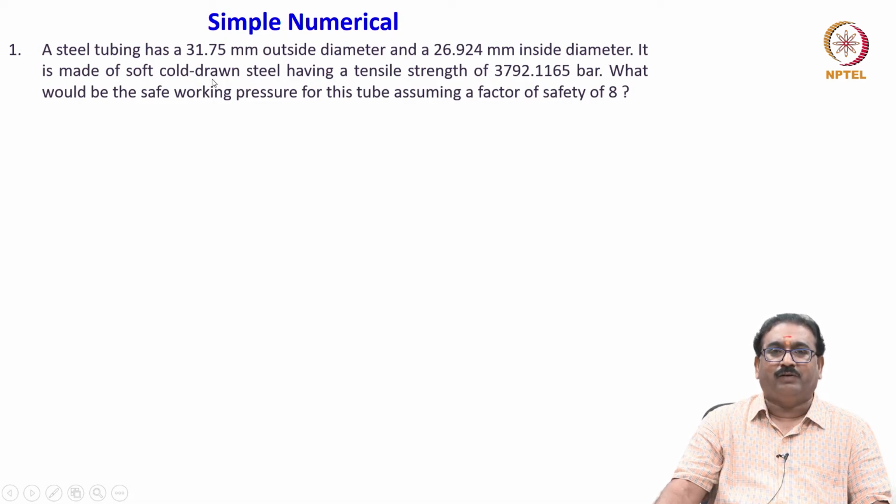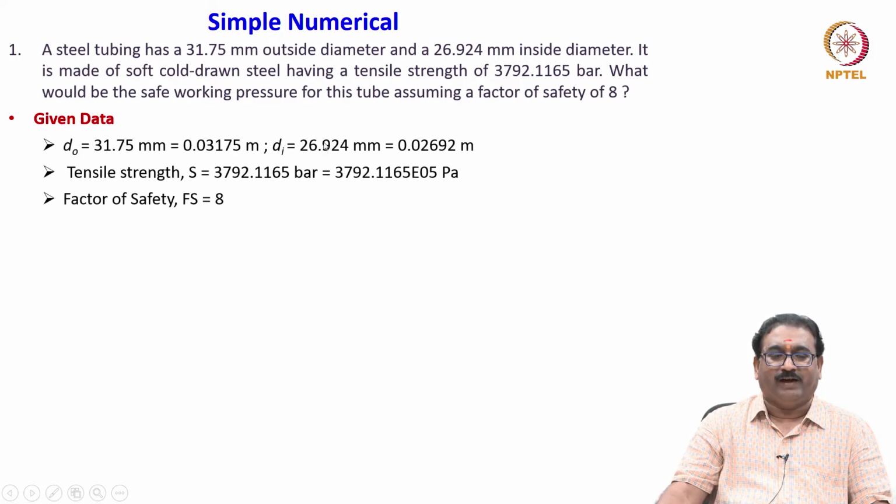It is made of soft cold drawn steel having a tensile strength of 3792.1165 bar. What would be the safe working pressure? Now you have to find out WP, working pressure. How will you get it? WP equals burst pressure divided by factor of safety. That is why the factor of safety is given as 8.